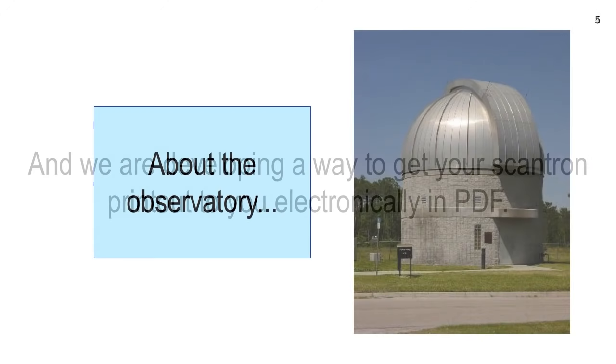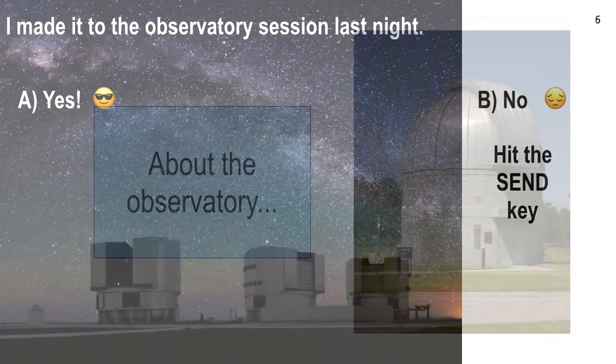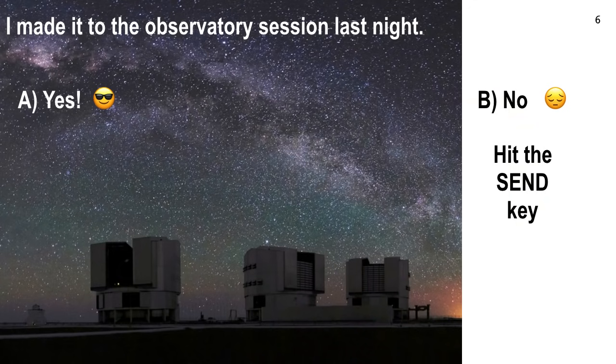Now I have some iClicker questions about the observatory. So turn on your iClicker, and I have 2 questions. They're going to be short answer type questions. Go ahead and start it. I'm going to mark your answer correct whichever way you answer, so just answer truthfully. Did you go to the observatory last night?